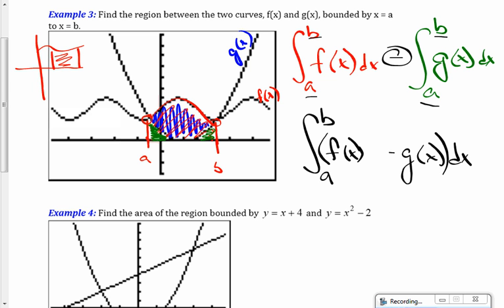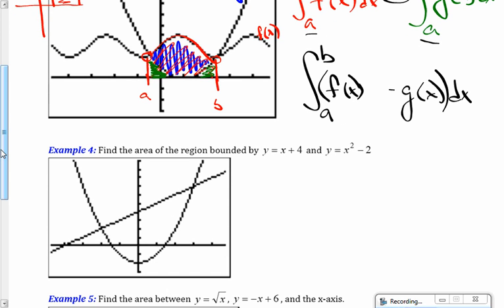Now, to make this a little bit more universal, I'm going to add a couple of words underneath here. This formula will work if f of x is your upper function and g of x is your lower function. If f is above g, this works.